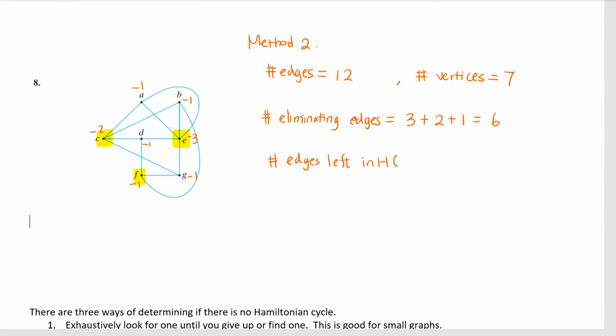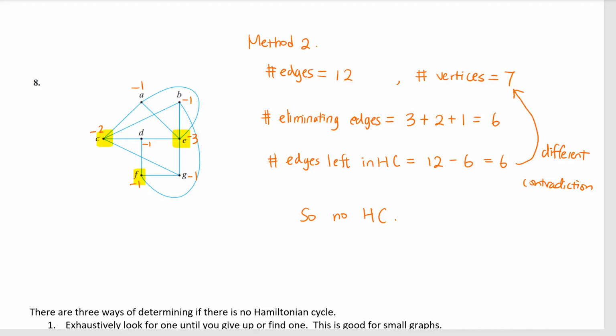In the Hamiltonian cycle, we have 12 edges total, minus the number 6 we want to eliminate. The answer is 6. Do you see they are different? So we get a contradiction. Remember, in the Hamiltonian cycle, the number of vertices equals the number of edges, right? So that's why no Hamiltonian cycle.